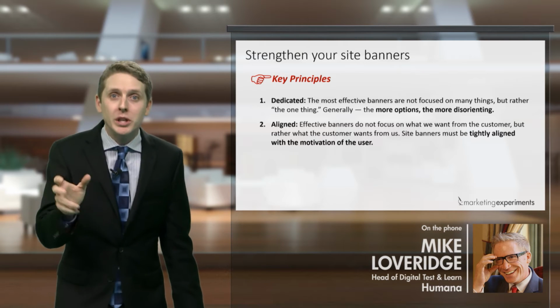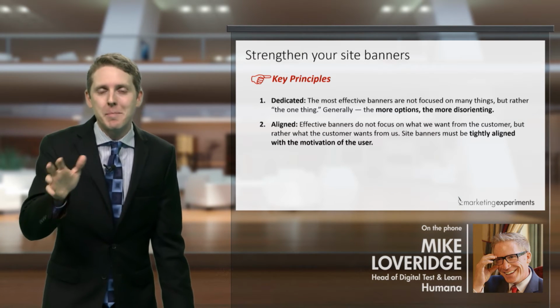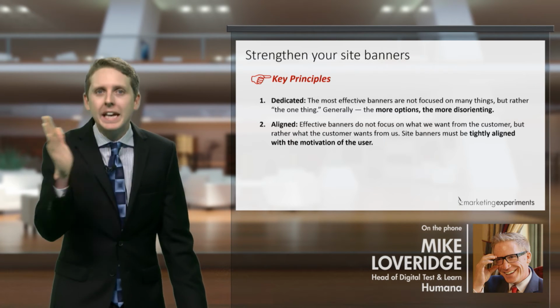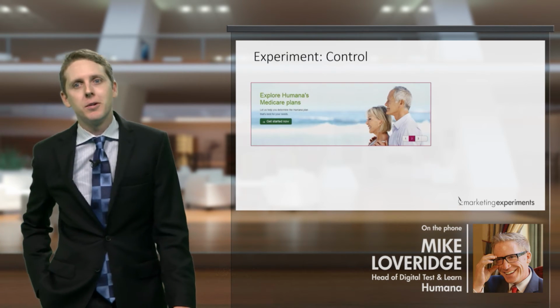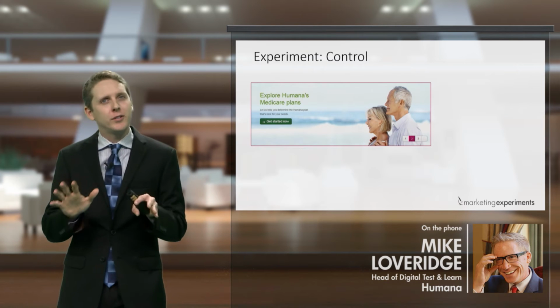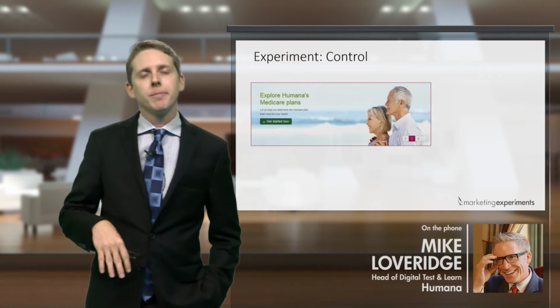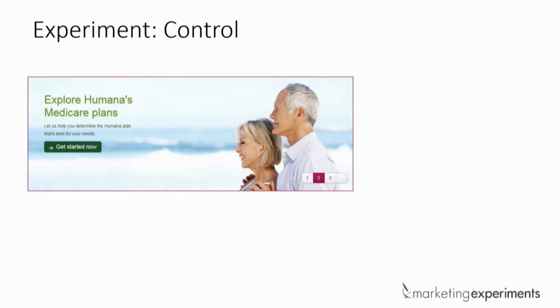Now, this gets pretty nuanced when it comes to banner ads, because you're dealing with a very interesting place in the motivation spectrum. And so, Mike, quickly walk us through this experiment and what you saw about the motivations for this particular banner. Yeah, this one was a bit more subtle. So, you're talking about exploring Medicare plans.